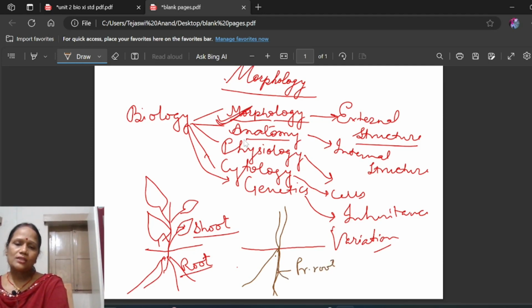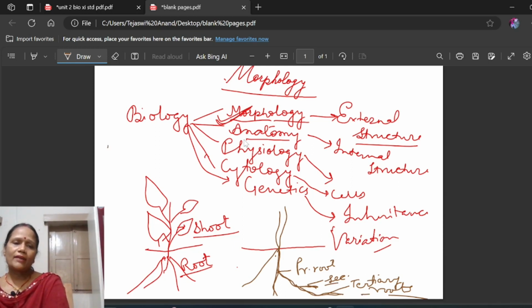The roots that develop from the primary root are called secondary roots. And the roots that develop from secondary roots are called tertiary roots. Very well understood. These are the different types of roots: primary, secondary and tertiary roots.